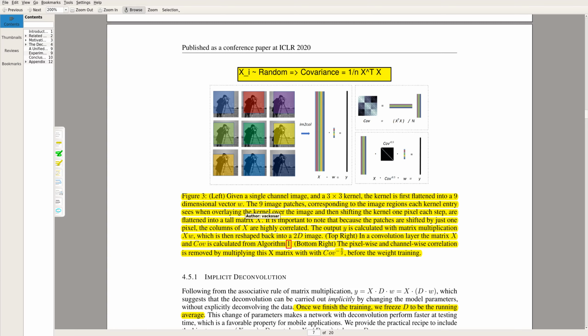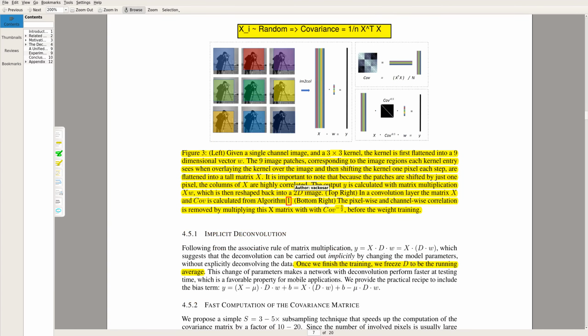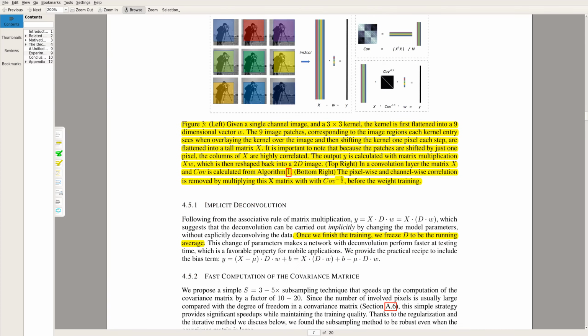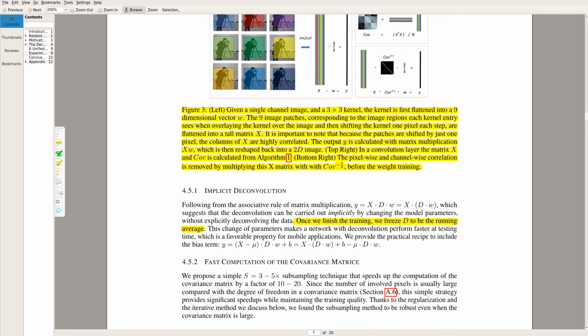What they propose is a change of basis in between the multiplication of the input data and the weight matrix. So in between they add this change of basis, which introduces this decorrelation, this deconvolution, and thanks to that they get a sparse representation and faster convergence, for the price of having to actually compute this operation.